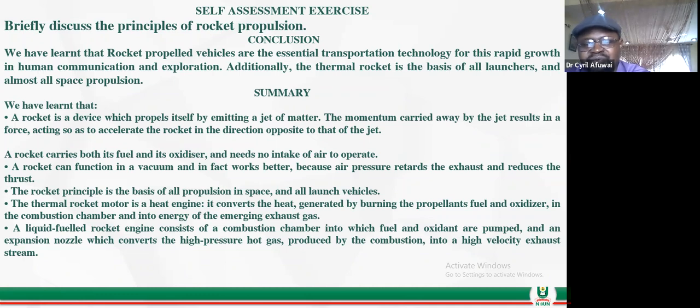In summary, we have learned that a rocket is a device which propels itself by emitting a jet of matter. The momentum carried away by the jet results in a force acting so as to accelerate the rocket in a direction opposite to that of the jet.